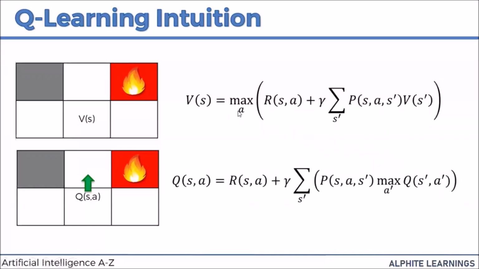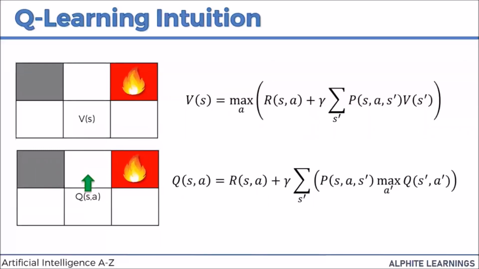So my quality of a certain state with a certain action is equal to the reward plus the probability of the corresponding values times the maximum action of the quality of the next step.